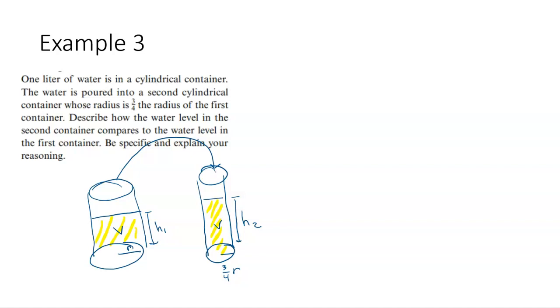So let's take a look here. I know that this volume is going to be the area of the base, so that's pi r squared times h1. And this volume is going to be pi, now the r is 3/4 r squared times h2. And I know that the volumes are equal because we just poured the same amount of water in.